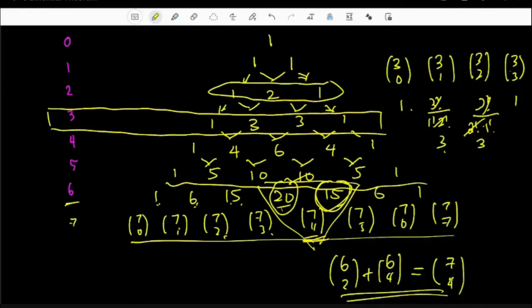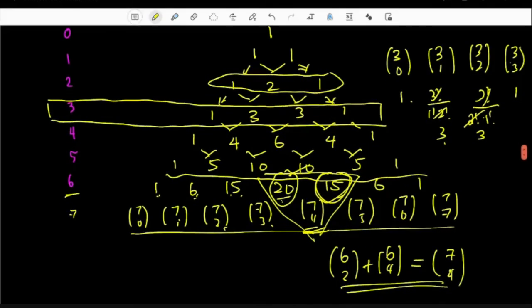Kailangan mo yung n equals 10. Pero bago mo ma-create yung n equals 10, kailangan mo yung 9, kailangan mo yung 8, 7, 6, 5, and so on. So, the larger the value of n is for the binomial expansion, the bigger the Pascal triangle becomes. So, the harder it is for us to create the Pascal triangle.